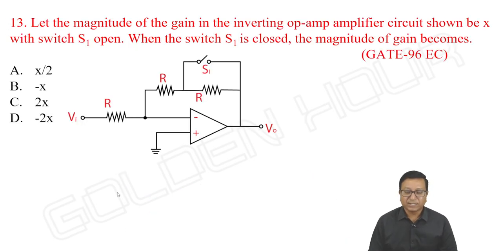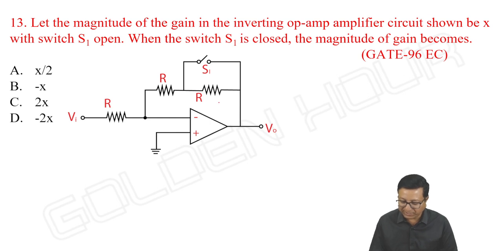Next, let the magnitude of the gain in the inverting op amp amplifier circuit shown be X with switch S1 open. Okay, when S1 is open, the gain is X. When S1 is closed, the magnitude of the gain becomes? If S1 is open, then what is X?